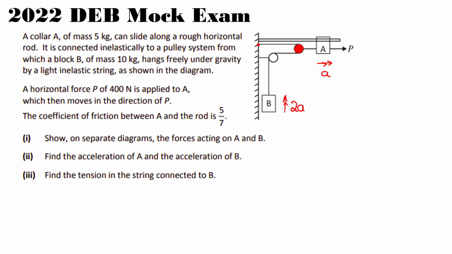Again, the easiest way to make sense of all of this is to think in terms of lengths of string. So for every 1 meter that A moves, it takes 2 meters of string from B. So B will have double that acceleration. So very crude idea, but it's a great way to really think that through. So this is a great example of where we are trying to really find that familiar in a very, very unfamiliar context. Once we have the direction, let's go work with our force diagrams.